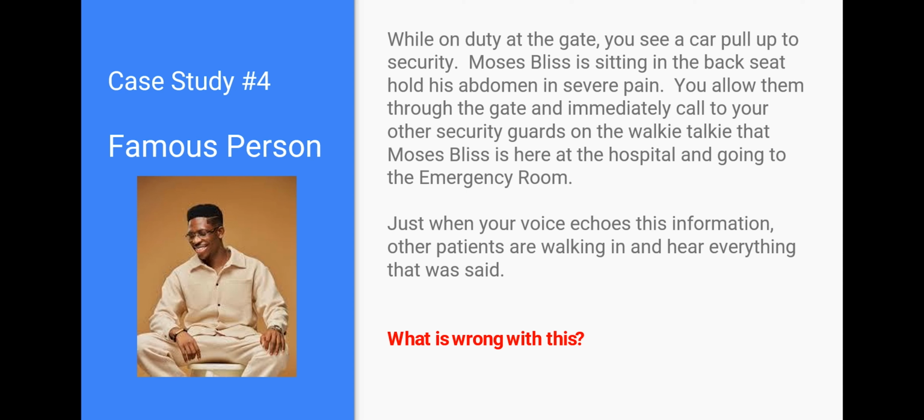You allow them through the gate and immediately call to your other security guards on the walkie-talkie that they will not believe what's happening because Moses Bliss is at the hospital and he is going to the emergency room. But just when you say this in the walkie-talkie, other patients are walking in and they hear it. What do you think is wrong with this?